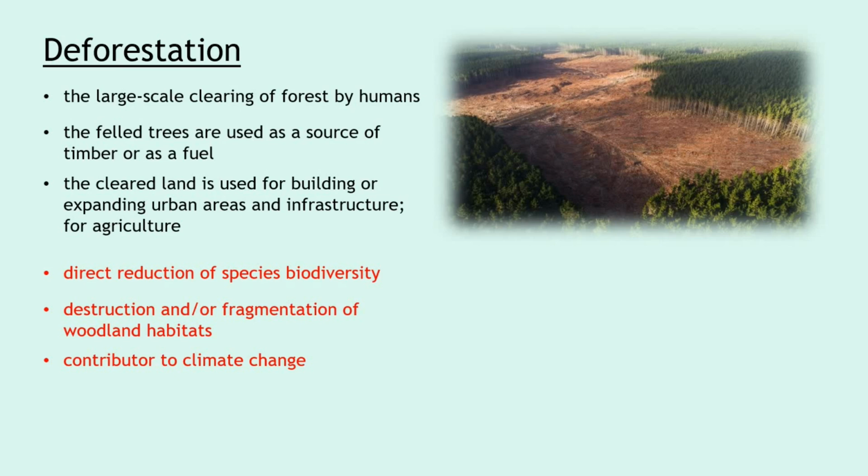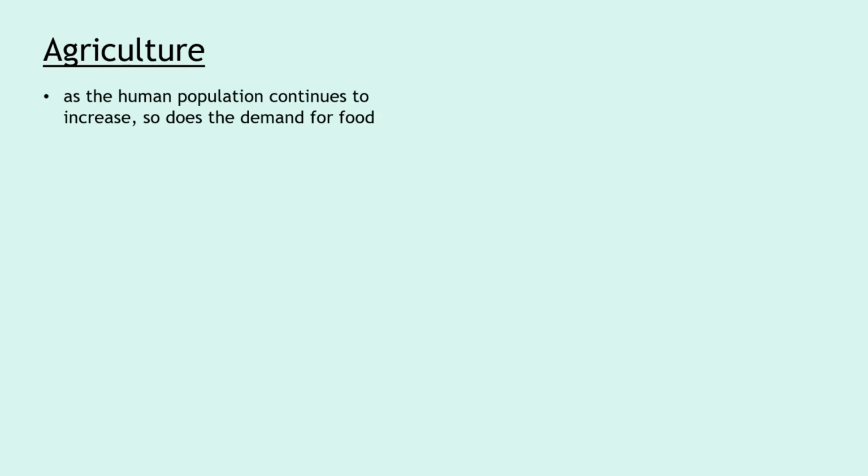Now, although deforestation can be natural due to acid rain, for example, most of this is of course due to us, humans. Another human cause of low biodiversity is agriculture. And this is either farming or the growth of crops. So the problem is that the human population is continuing to increase, and it is doing so at an increasing rate.